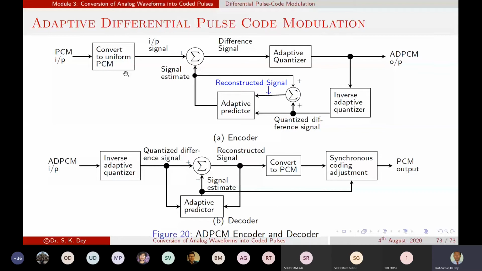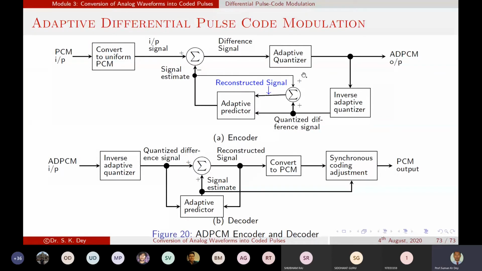Then there is a summation symbol. From this summation we get the difference signal, because through the feedback path we take the previous sample's value.